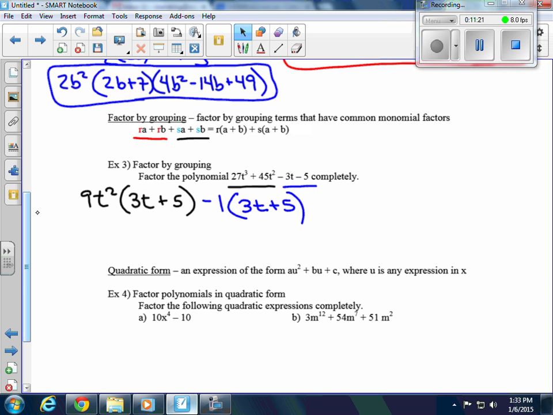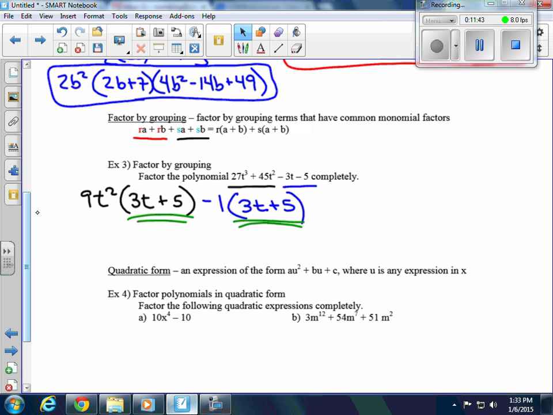So if we notice then that this and this are the same. So now I really have two terms here. I have the term in black, which is 9t squared times 3t plus 5 in parentheses. And I have the term negative 1 times 3t plus 5. So the black is one term, the blue is another term.